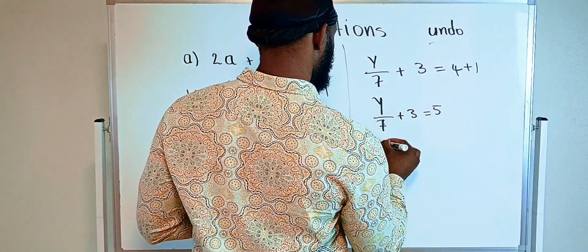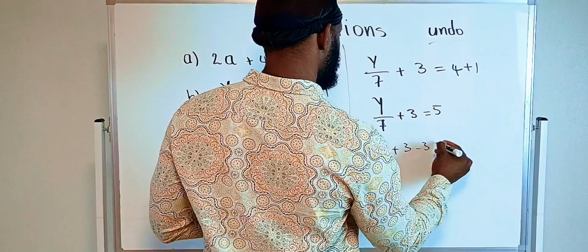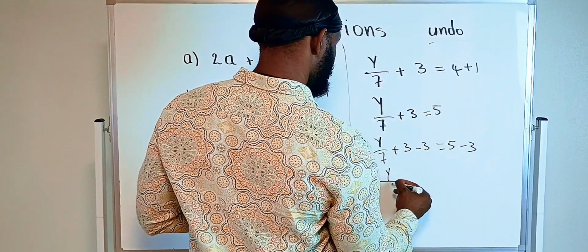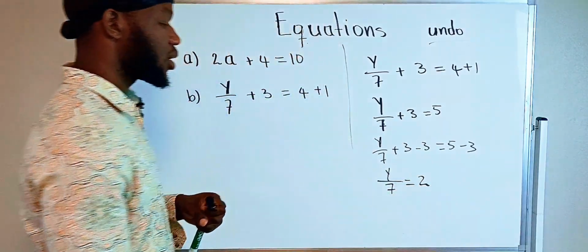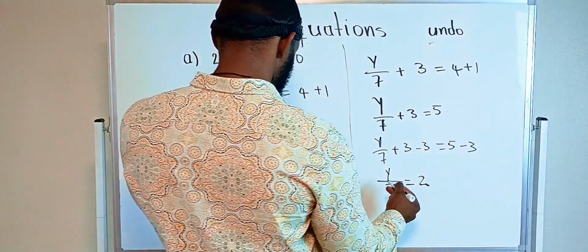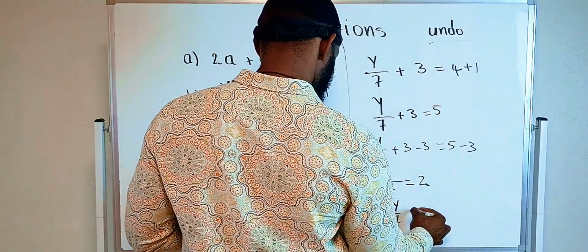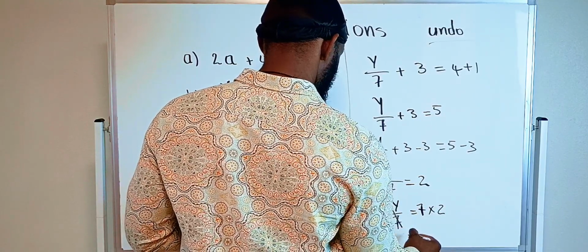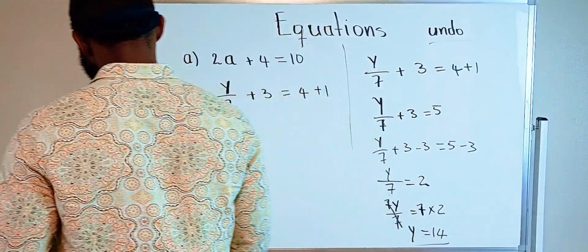Y over 7 plus 3 minus 3 equal 5 minus 3. So y over 7 equal 2. Now we undo this division, so we gotta multiply both sides by 7. We got 7y over 7 equal 7 multiplied by 2. So we got y equal 14. 14 is the answer for y.